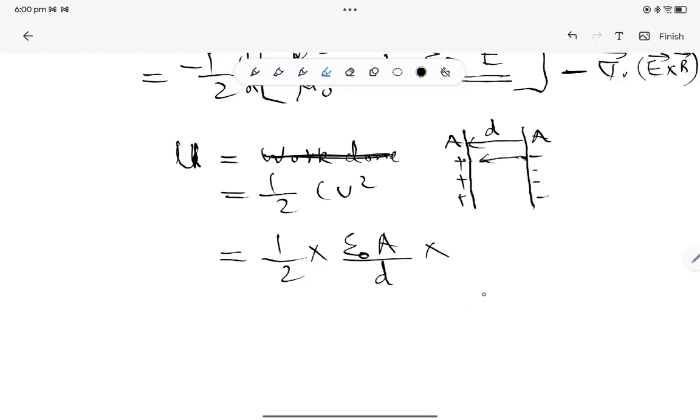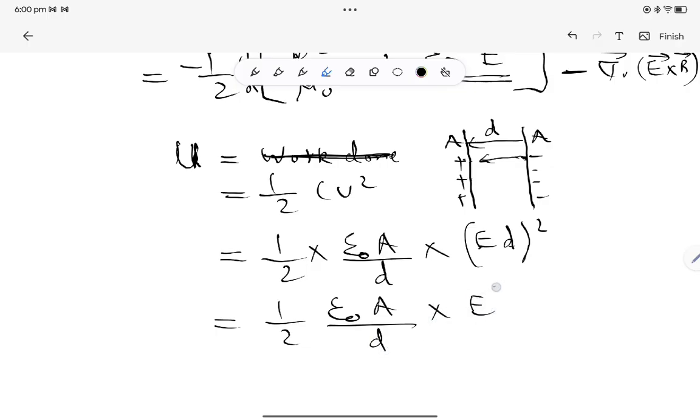Potential difference is work done per unit charge. How? Because of the force on a unit charge into displacement. Electric field, after all, is force per unit charge. Now, whole square, that gives us 1 by 2 epsilon naught A divided by d into E square d square.